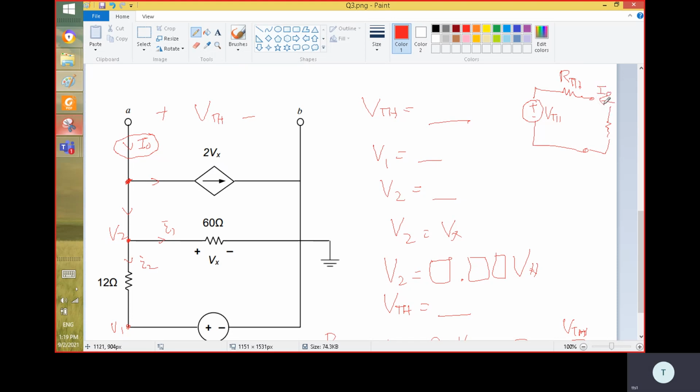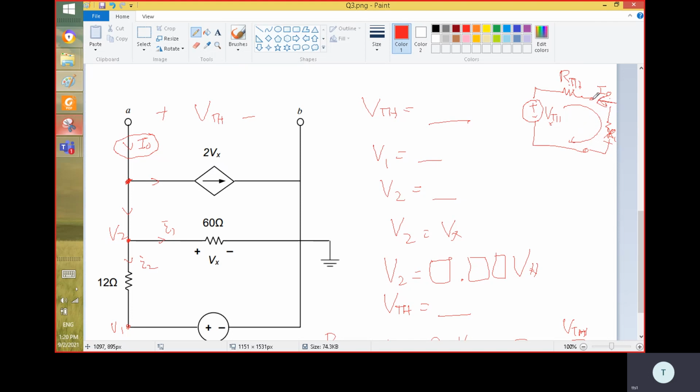So if you know the I out, of course you can find the RTH. This is the purpose of using the I out here. If we know the output current and we know the voltage, of course we can calculate this, because inside this loop there are only 3 components. We do not need to know IRL, it's not given, it's not relevant here. But we assume there's one I out here.